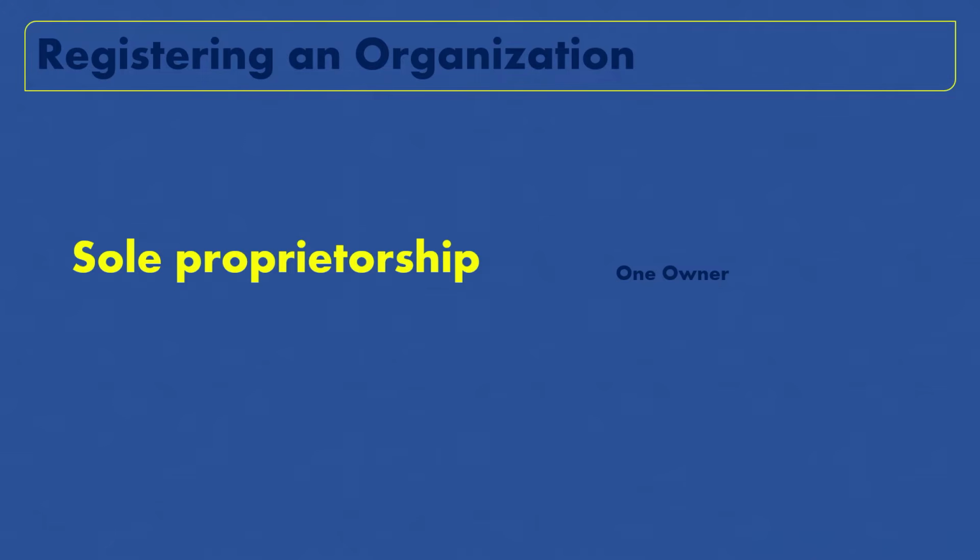But if there are multiple owners, you can register your business as partnership, and then these partners will be jointly responsible for the obligations of the business. But of course there is a limitation on the number of partners, and in most countries partnerships can only have a maximum of 20 partners.